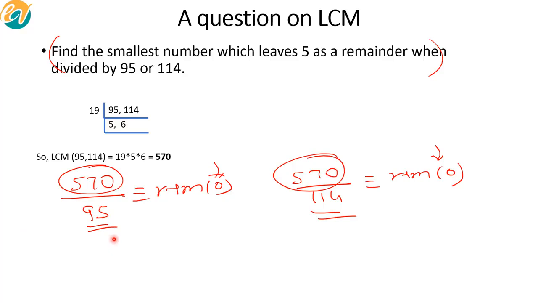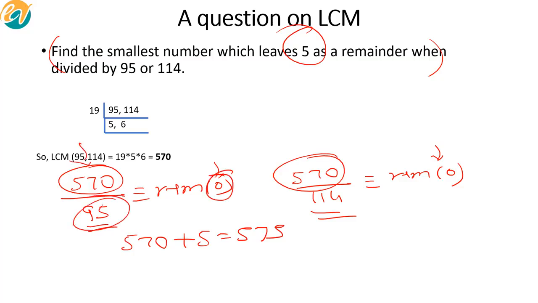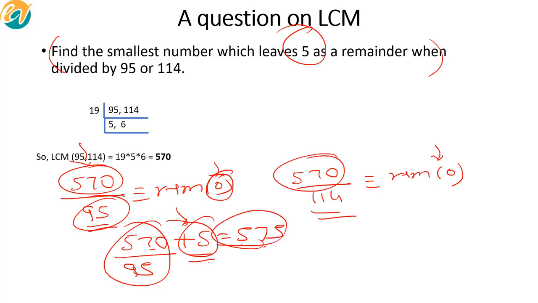So what number will leave a remainder of 5 when divided by 95 or 114? Since we are interested in 5 as a remainder, it would be 570 plus 5, which is 575. Because 570 divided by 95 leaves 0 as a remainder, when we add 5, 575 is the number that leaves 5 as a remainder.